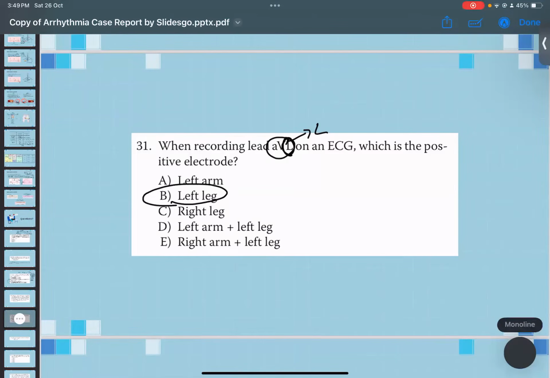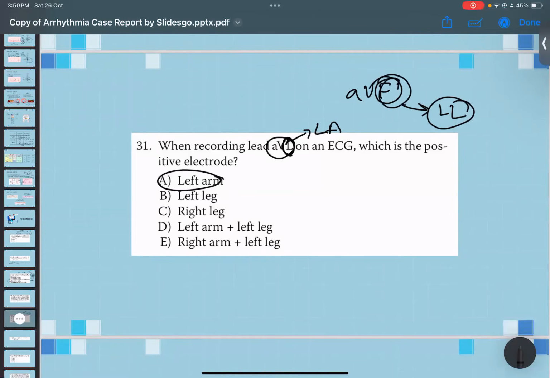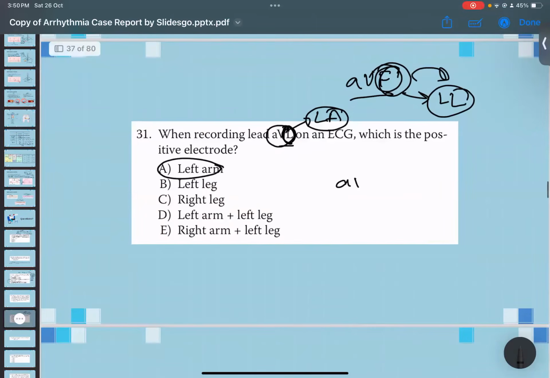AVF is F for feet, so the positive electrode is placed on the left leg. However, AVL is for left arm, so this is going to be placed on your left arm. So remember, F for feet, L for left arm. For AVF, it's placed on the left leg. For AVL, it's placed on your left arm. AVR is placed on your right arm.